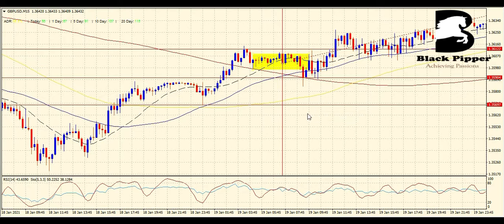Here's take profit one, and it really coincides with the previous support. So this is a great level to consider for the take profit at 1:1.